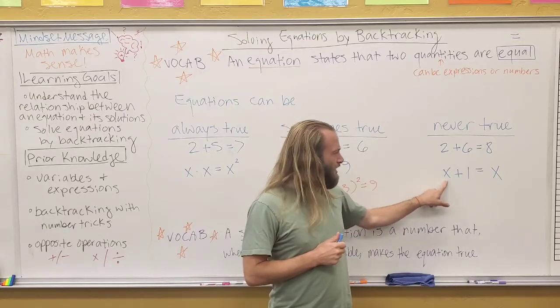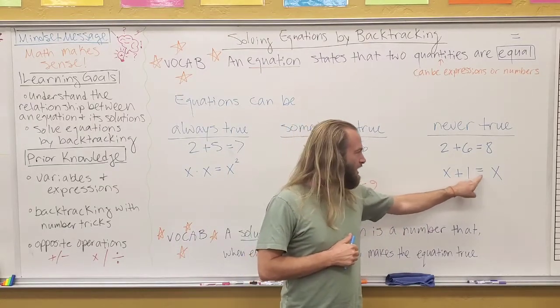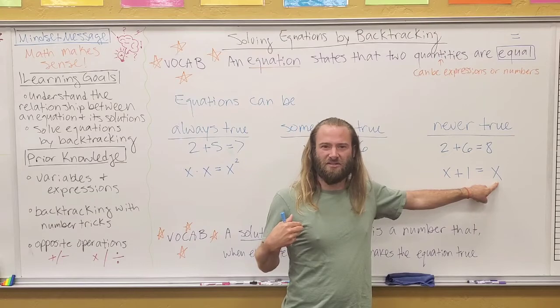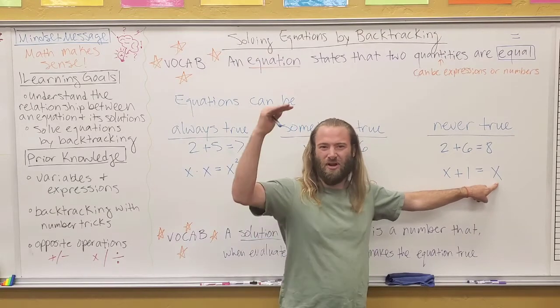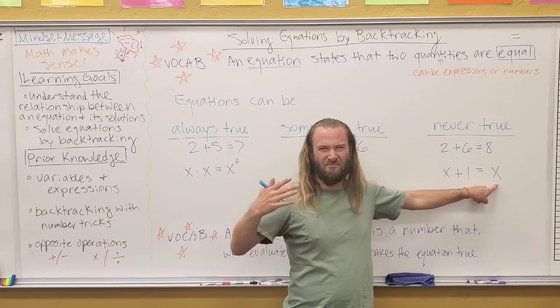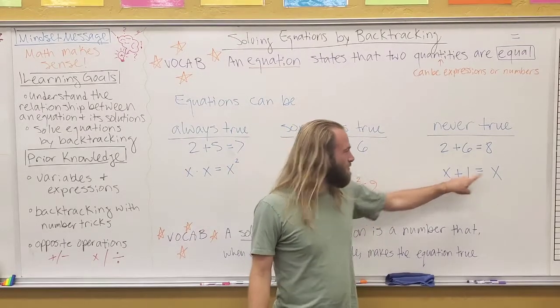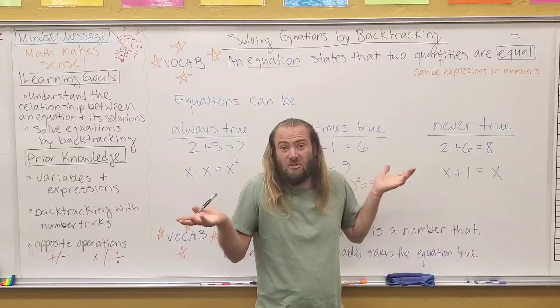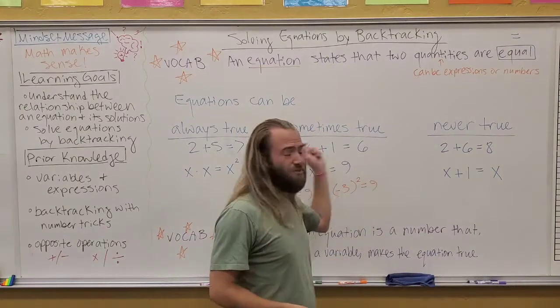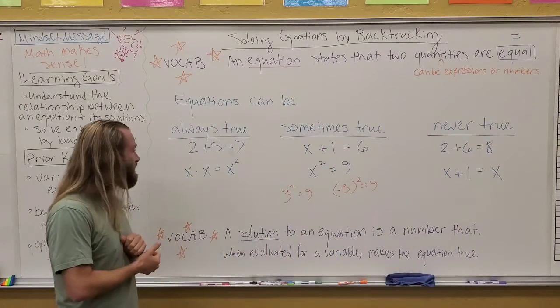Is there a way that you can have a number plus 1 and then be itself again? Can you move a number up 1 and then it'll be equal to itself? That doesn't make any sense, right? So no matter what number you try, it's just never going to be true, okay? Those are three important categories to know about equations.